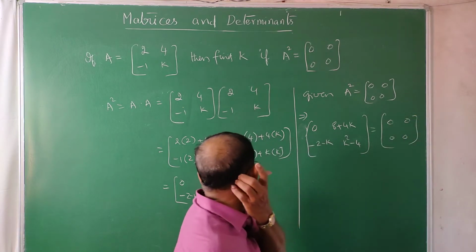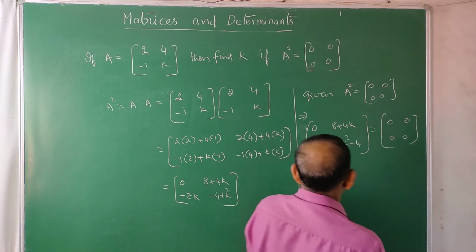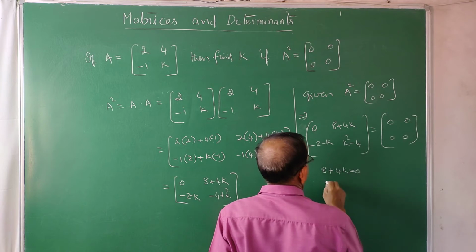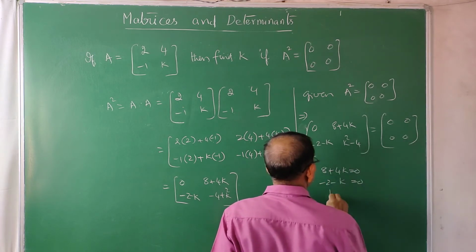First of all, 8 plus 4k is equal to 0. And minus 2 minus k is equal to 0. k square minus 4 is also 0.